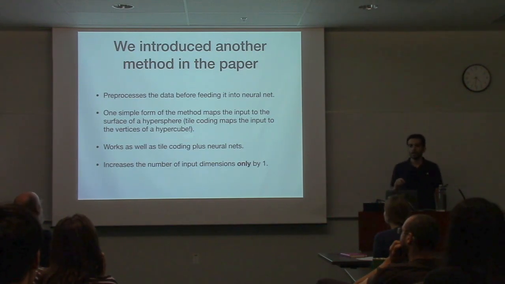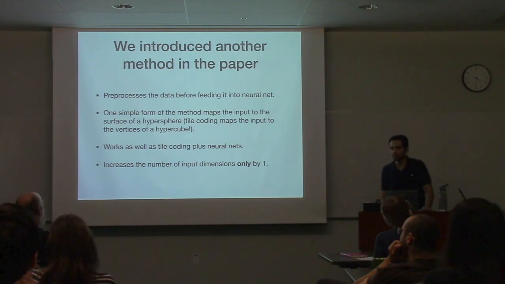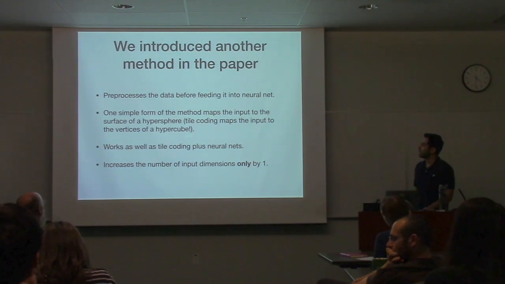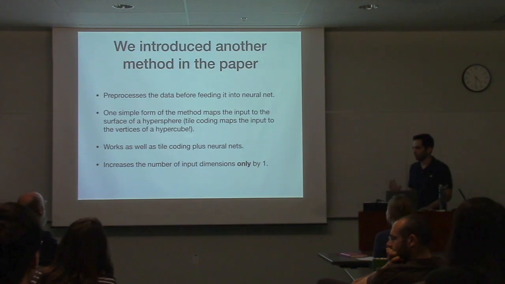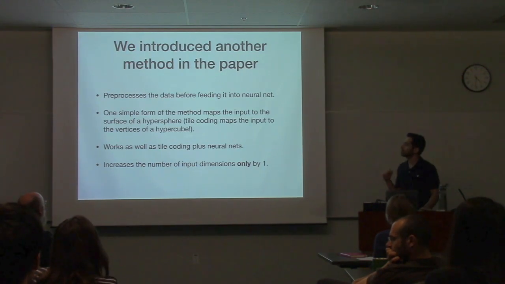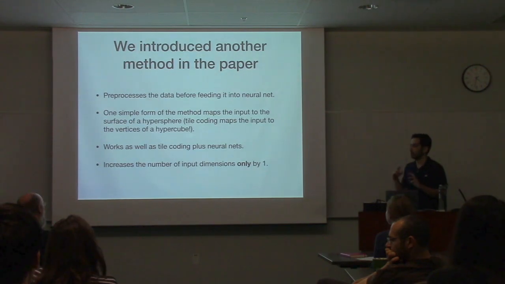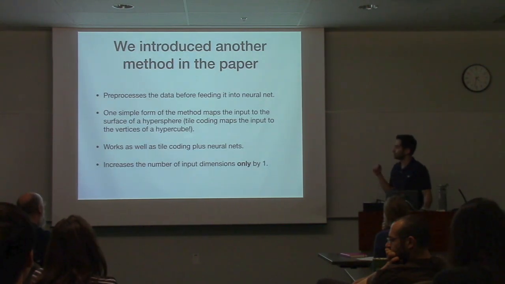So I'd like to mention that we introduced another method in the paper. That method is in some ways similar to this method. It pre-processes the data before feeding it into the neural network. One specific form of that method maps the input to the surface of a hypersphere in a higher dimensional space.